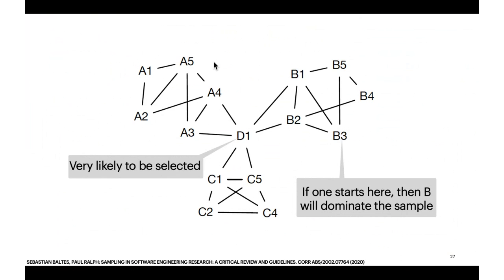So the snowball sampling has a bias towards better connected items. Moreover, if you start with B3, it is very likely that you are going to explore the B space first before going to the A space and the C space. This means that the features of the project in this B space or opinions of people in this B space will dominate the general perception of the phenomenon we might have been forming.